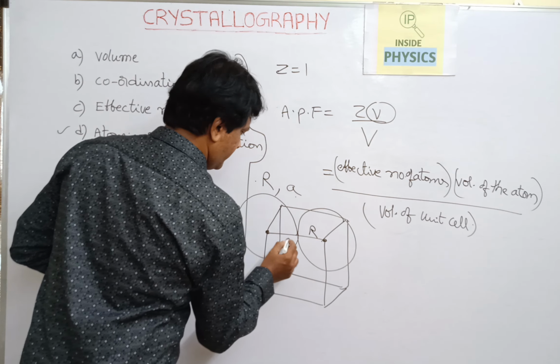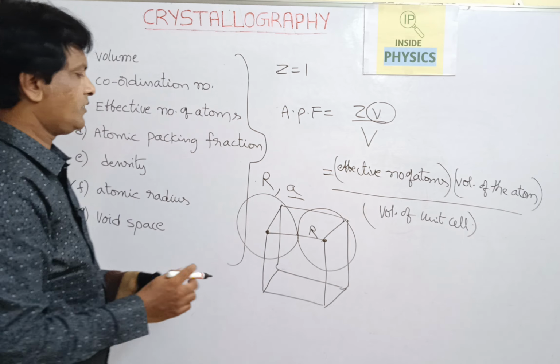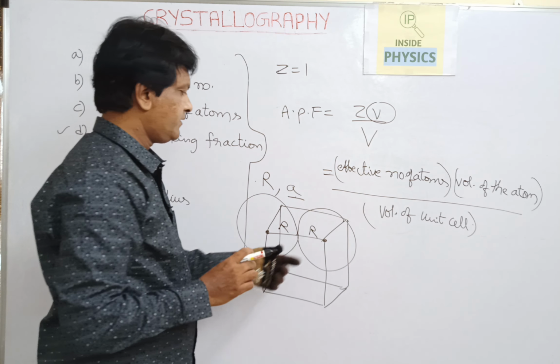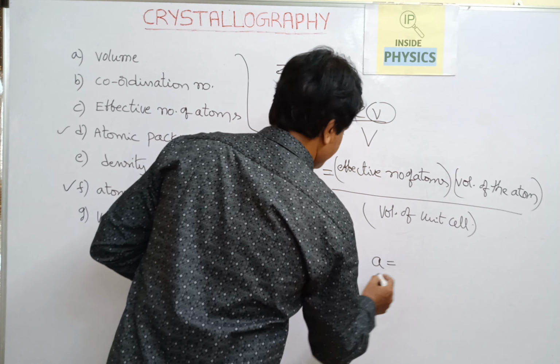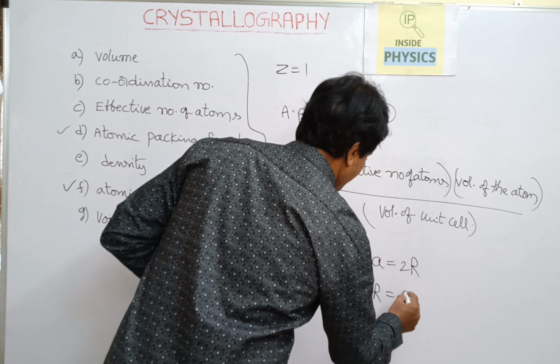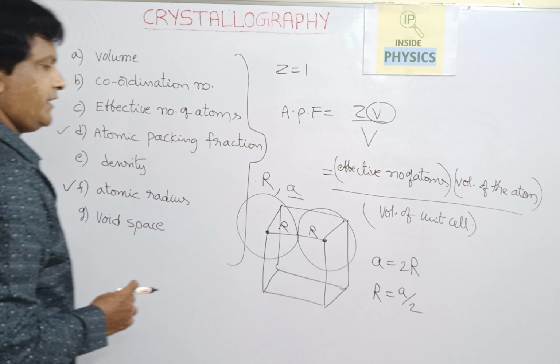This is R, this is also R, and the total edge length is A. By this what we can understand? The edge length is equal to 2R, or the radius of an atom is equal to half of the length of the side, right?